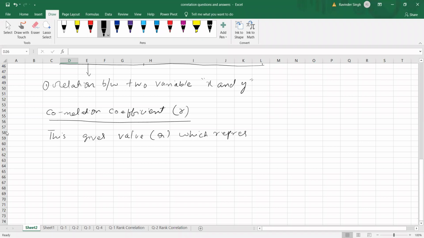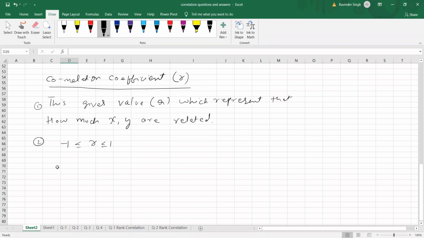The property of correlation r is that its value always lies between -1 and 1. It will not go beyond -1 or beyond 1. The least value it can take is -1, the highest value is 1, and it can take any values in between the range.